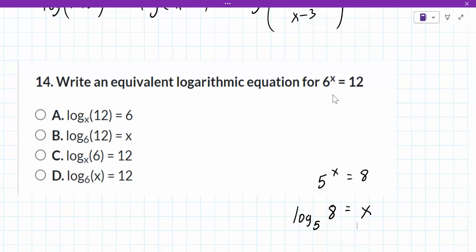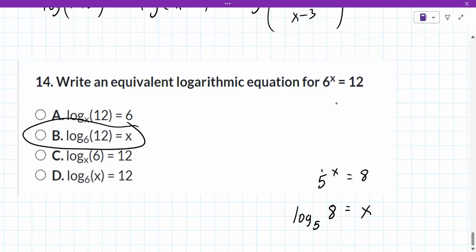I put 6 where 5 is. So it'd be like log, so I did the same thing that you wrote down. Okay. So the answer would be B, right? Like from the way it's written down. Exactly. Yeah.